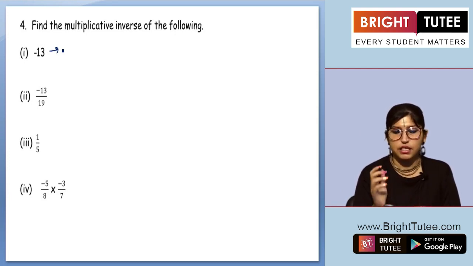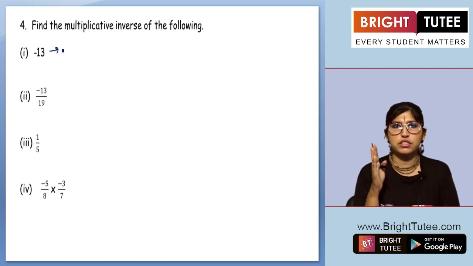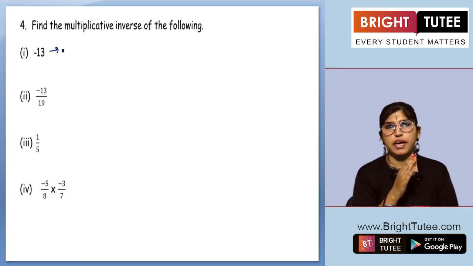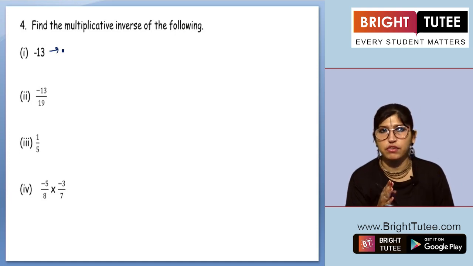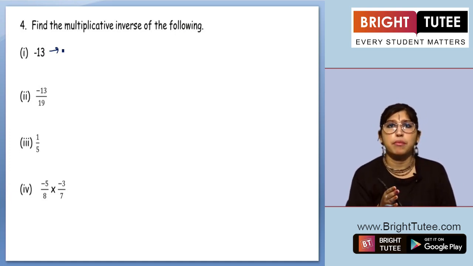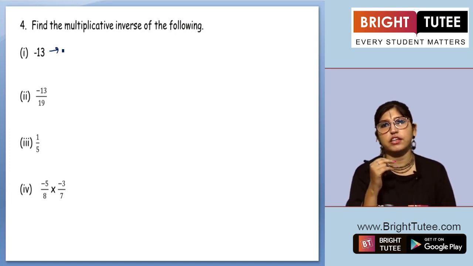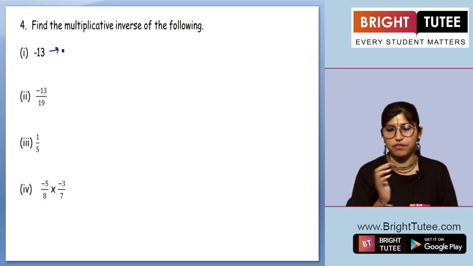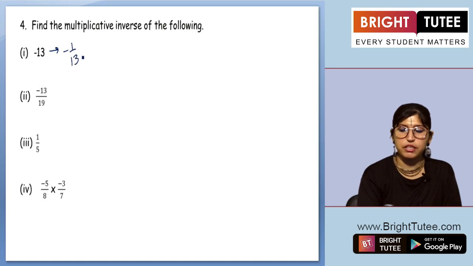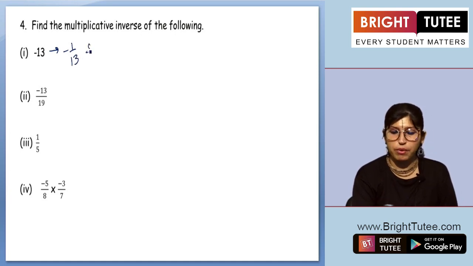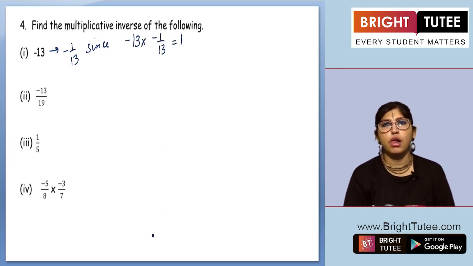That's it. Now, for additive inverses, we just drop the minus sign if it's there, and if it's not there, we add it. But for multiplicative inverse, it's generally the reciprocal of the number which we already have. So if we have minus 13, the reciprocal or the multiplicative inverse will be minus 1 by 13, as minus 13 times minus 1 by 13 equals 1.